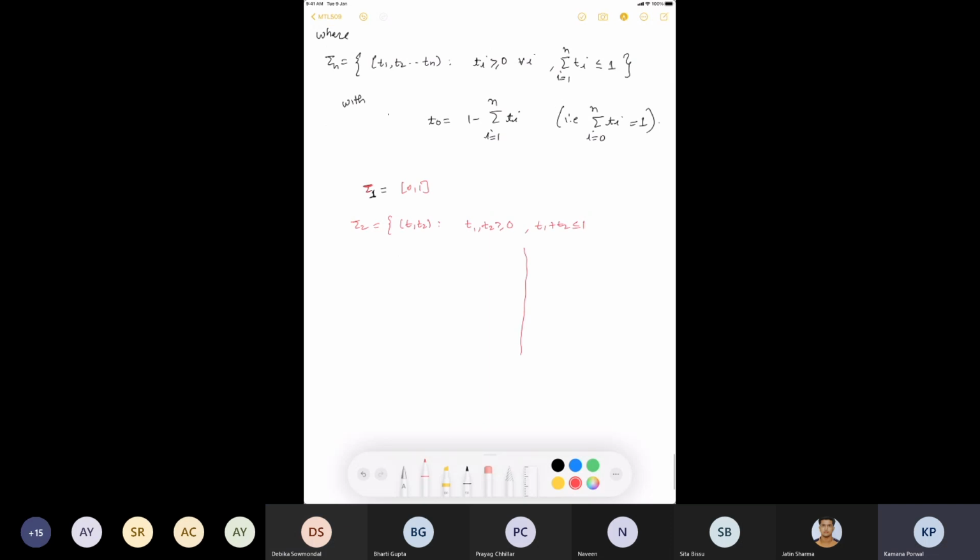Can you visualize this region? If I take the t1, t2 plane, what is this region tau 2? If you draw the line t1 plus t2 equal to 1, and you have t1 and t2 greater than or equal to 0, so in the positive quadrant, this is your region tau 2.